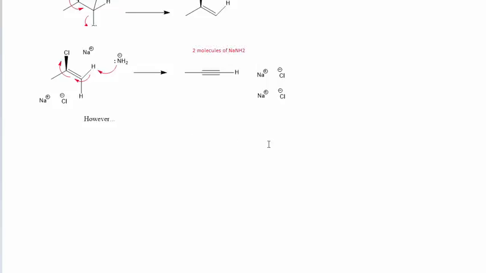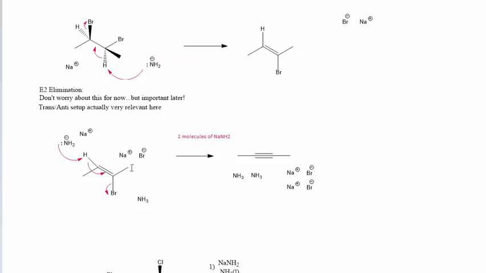Okay, but remember, typically when you're doing an organic reaction, you want to push your yields up. You want to have your reaction go to completion. So usually use more NaNH2 or more base than necessary. So here we would need 2 molecules of base for every molecule of our dihaloalkane.